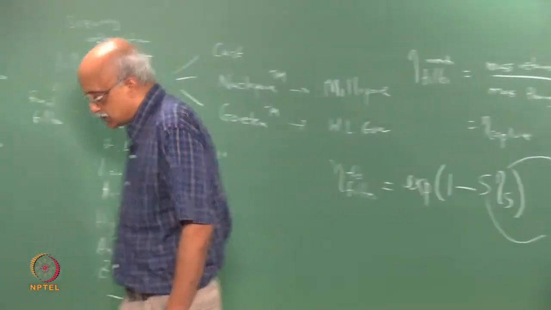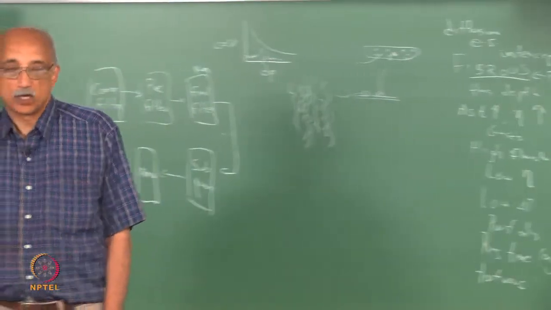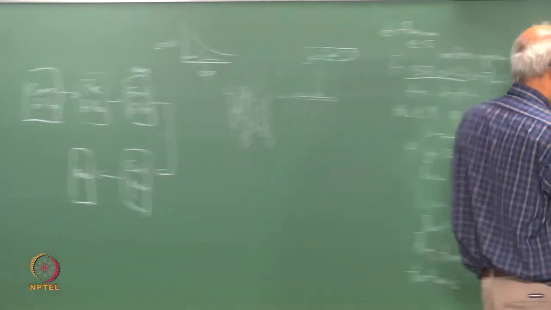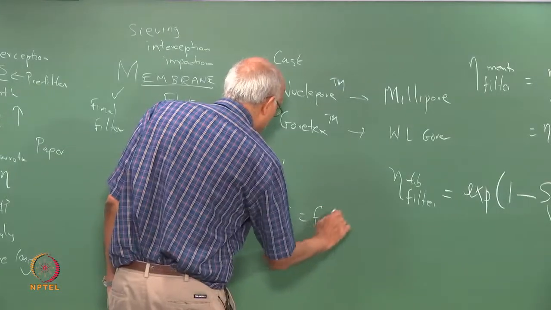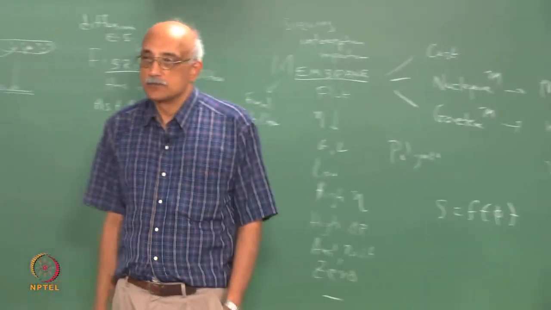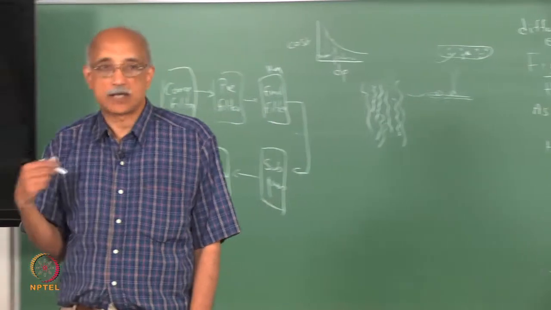It is a representation of how well packed the filter is, how much void fraction there is. So, obviously S has to be a function of volume fraction, right, volume fraction of fiber, which is also known as packing density.